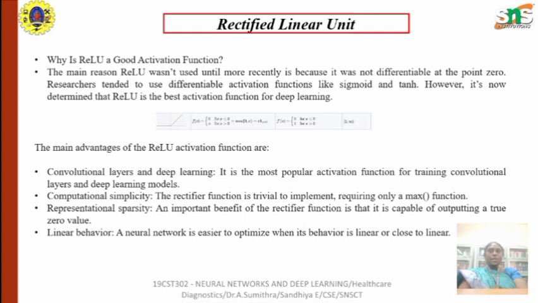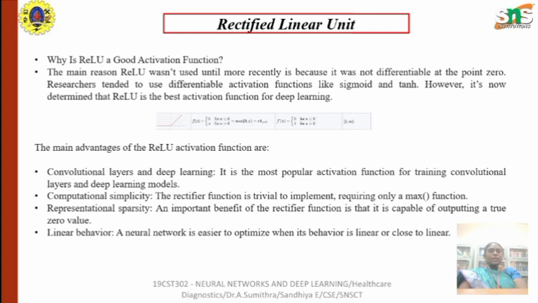Sparse activations can also lead to more efficient memory usage and faster inference in neural networks. Then fast convergence: it remains active for a positive input, allowing the network to learn quickly and converge faster during training. This piecewise linear nature of the rectified linear unit ensures that gradients are not zero for a positive input, facilitating efficient learning and faster convergence towards an optimal solution.